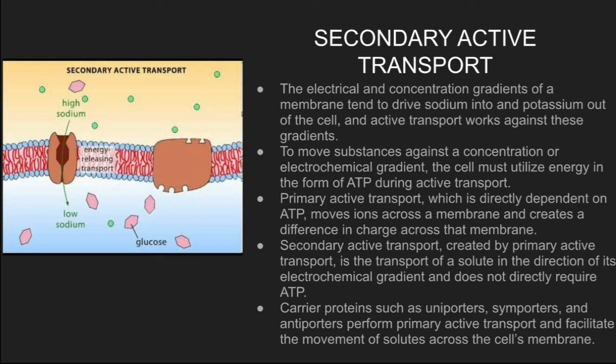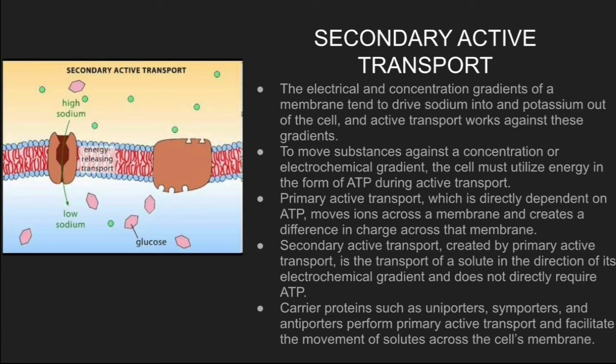Antiport is when two species of ions or other solutes are pumped in opposite directions across a membrane. In symport, the transport occurs where two species move in the same direction.